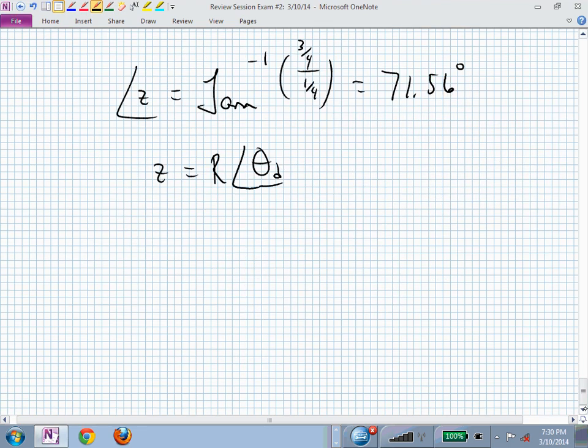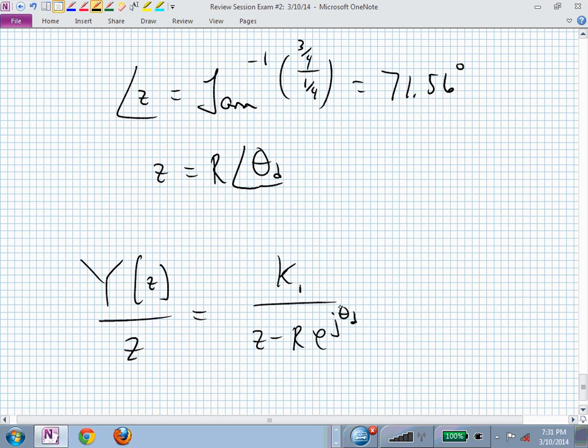That being said, let me do just what I did in the real case. Now I have Y of z over z. I'm going to say, well, that's just some complex number, partial fraction expansion coefficient, some residue, K1. K1 can be complex. Over z minus r e to the j theta sub d.